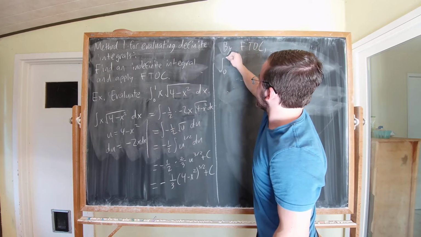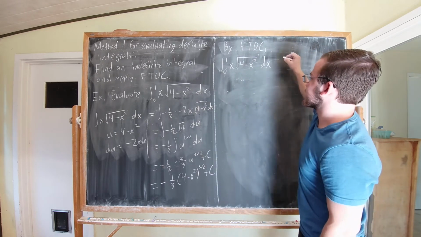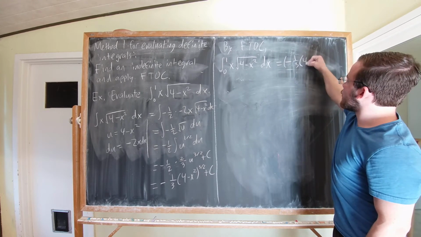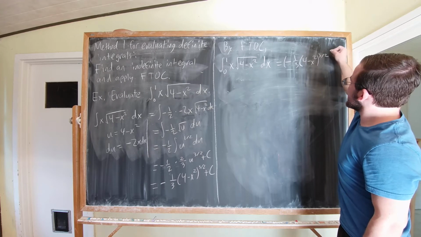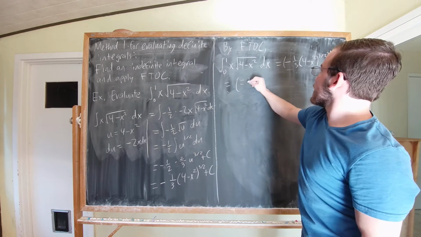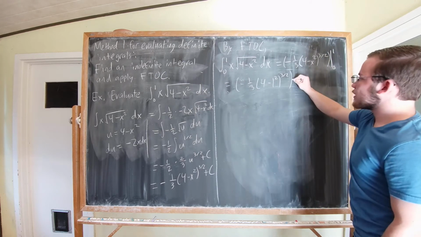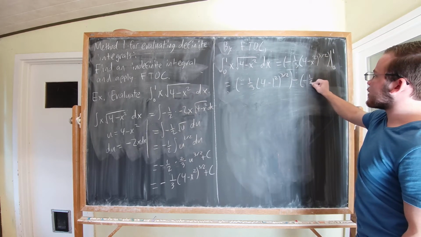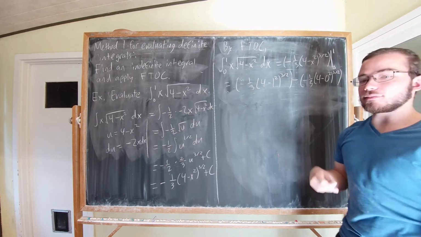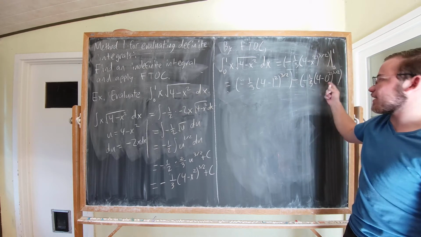So by the fundamental theorem of calculus, the integral from 0 to 1 of x times the square root of 4 minus x squared dx is -1/3 times 4 minus x squared to the 3/2 evaluated from 0 to 1, which is -1/3 times 4 minus 1 squared to the 3/2 power minus -1/3 times 4 minus 0 squared to the 3/2 power. Using that standard notational trick, which just says, hey, you sub it in for the first one, subtract the second one.